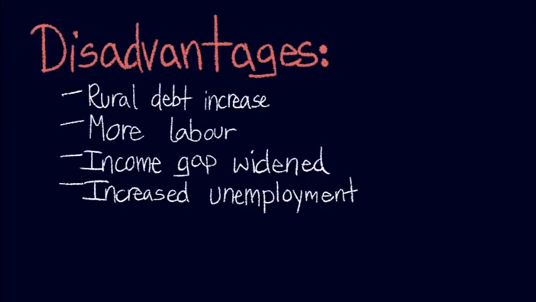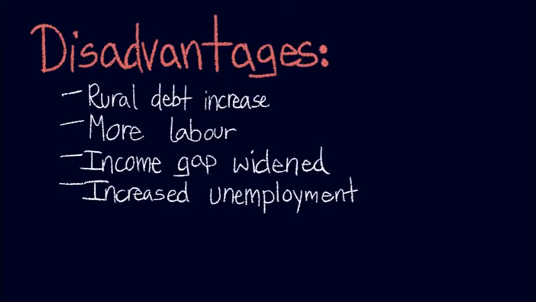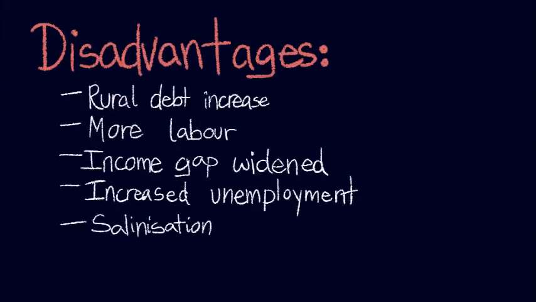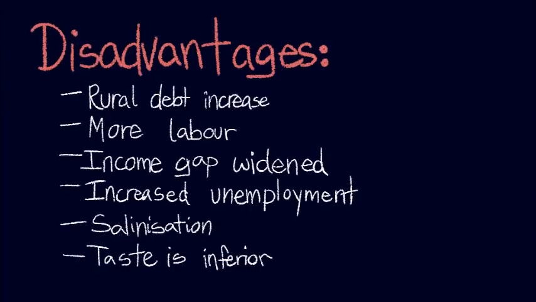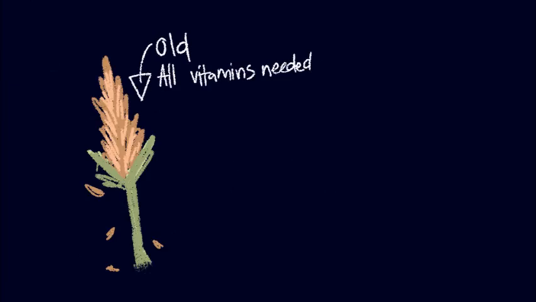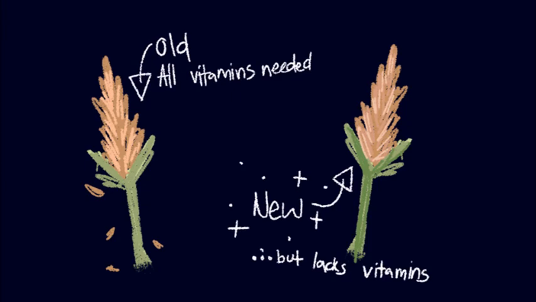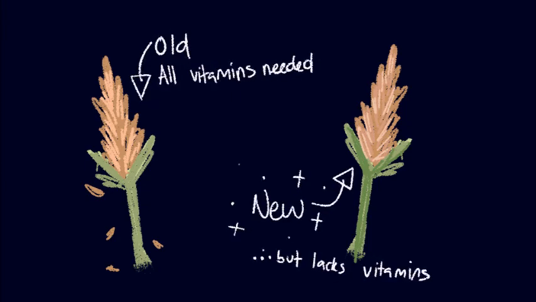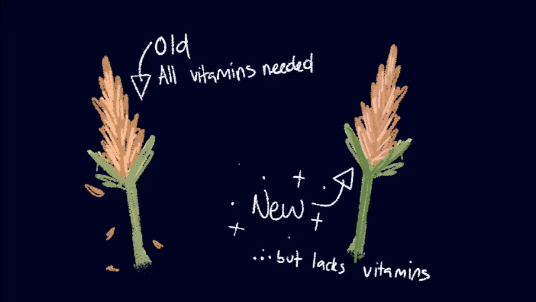The increasing use of machinery has increased unemployment, increase in salinization, and apparently the taste is deemed inferior to traditional varieties. A big issue now is that these new varieties don't have the necessary vitamins and minerals needed, and because it replaced the other crops, people are now low in these micronutrients, which is something to consider.